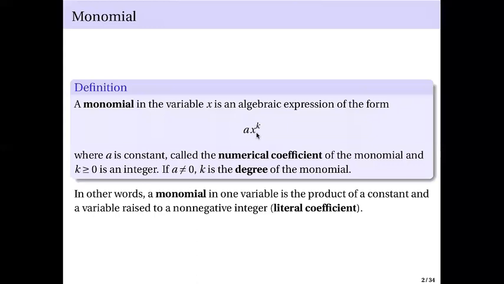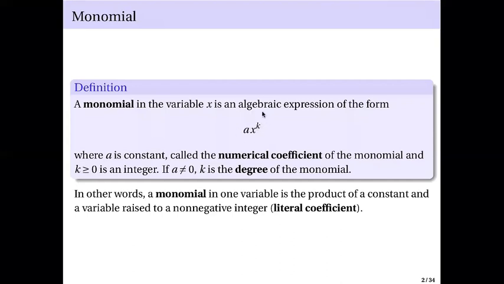This x to the k is also known as the literal coefficient in the ancient days. But we are removing this. Let's just call it the variable raised to some power, or simply the variable, so that when we say coefficient, we actually mean the numerical coefficient, the one that is being multiplied to the variable.